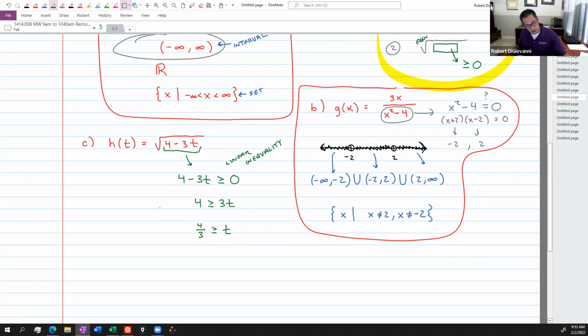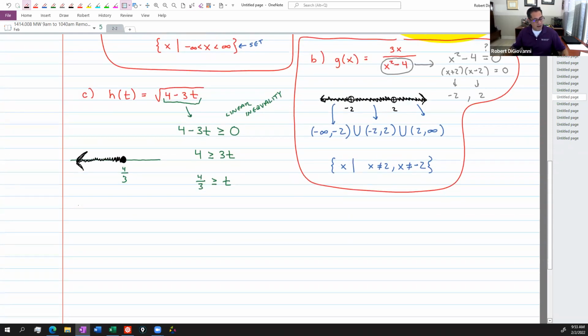So again, on a number line, if I go to 4/3, what we're saying is that the value that you're plugging in must be smaller than or equal to 4/3. That means it can be 4/3, and everything smaller, so everything to the left forever.